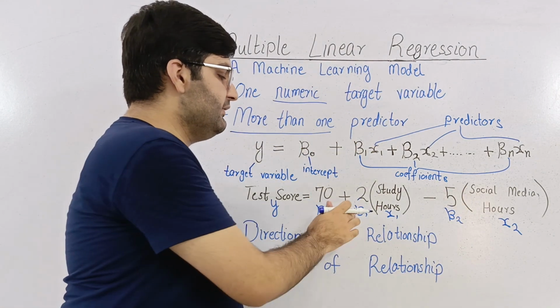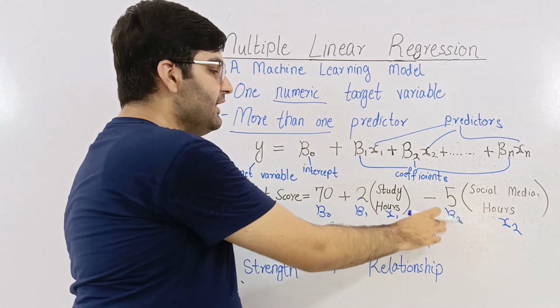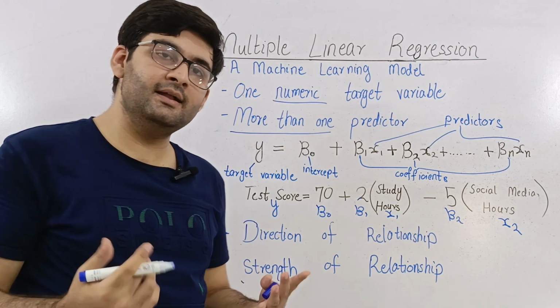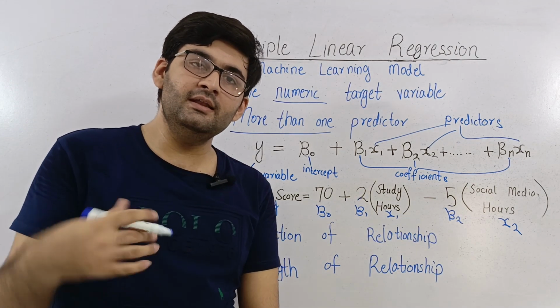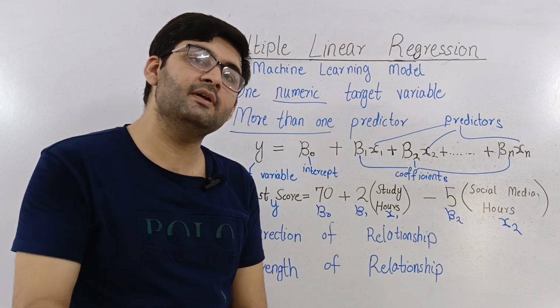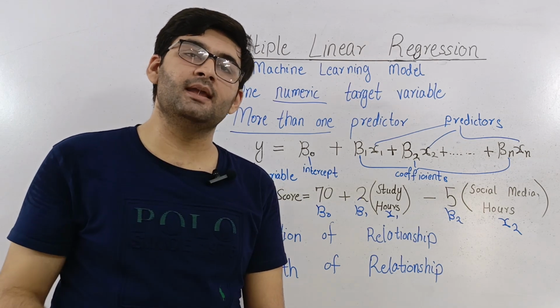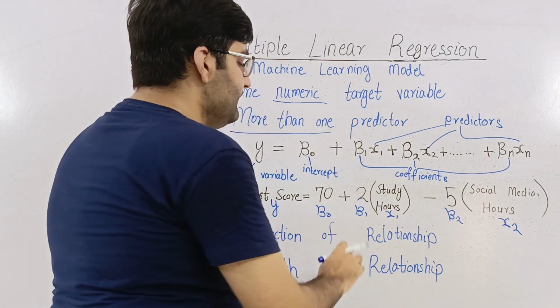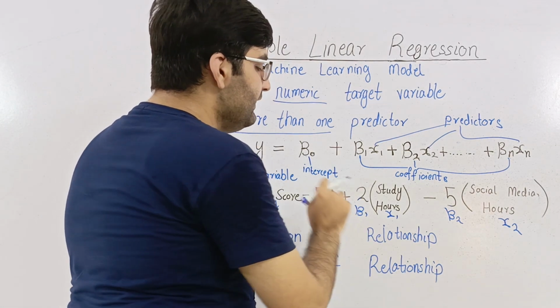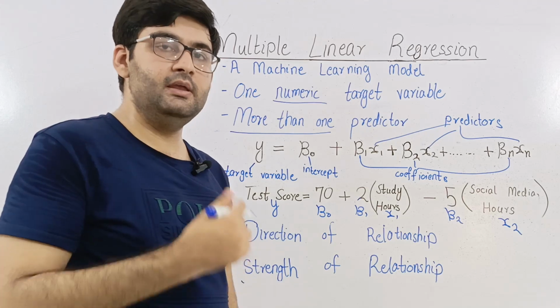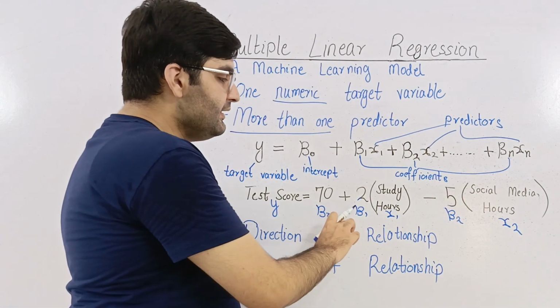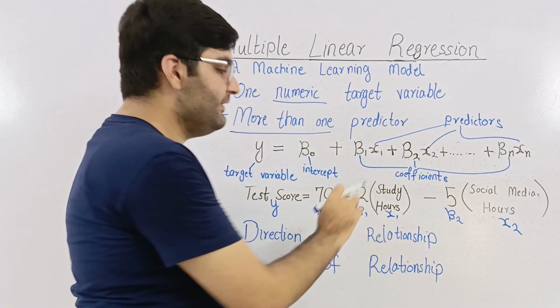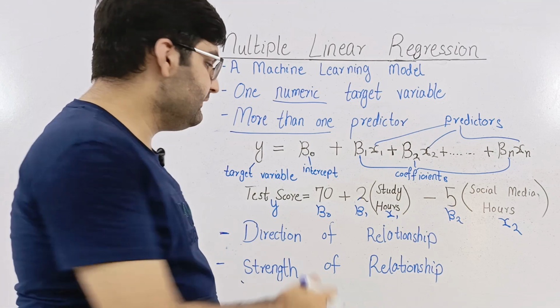The coefficients beta 1 and beta 2 explain the relationship between the predictor variables and the target variable. Let me show you how. Here, the value of beta 1 is positive. This means that increasing the corresponding predictor variable will increase y.